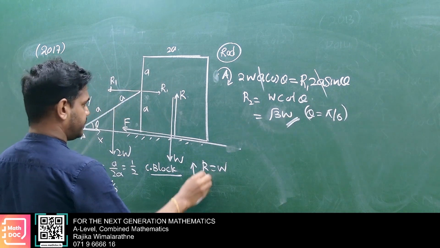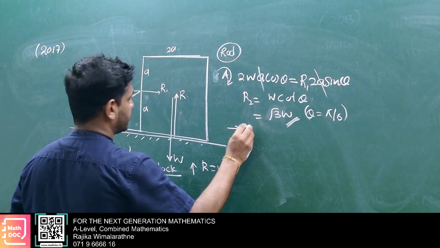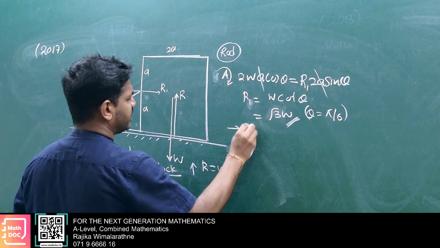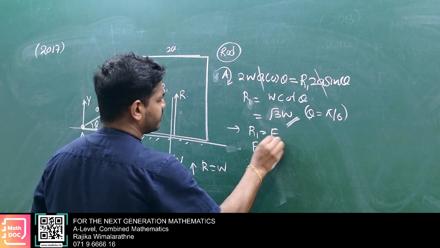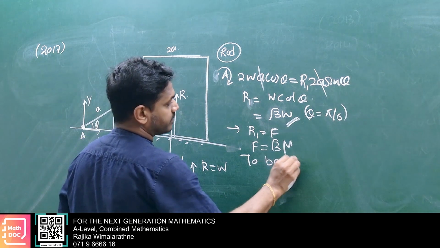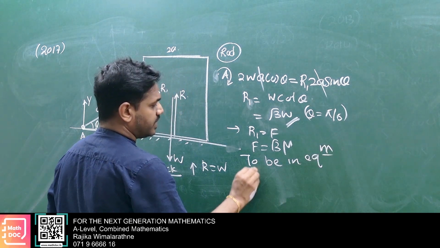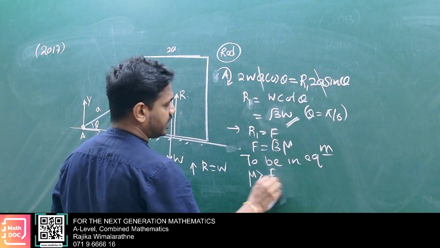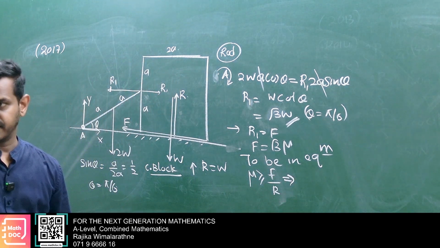Then we know R2, then resolve horizontally, R1 equals F, F equals root 3 W. Then to be in equilibrium, mu greater than or equal to F divided by R. Then we know F and R, no?